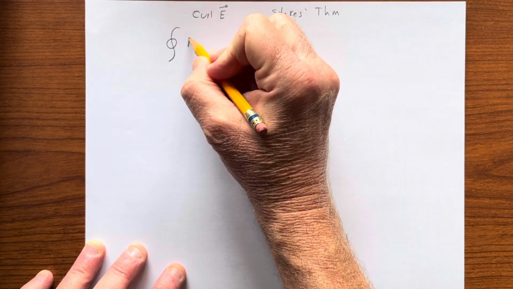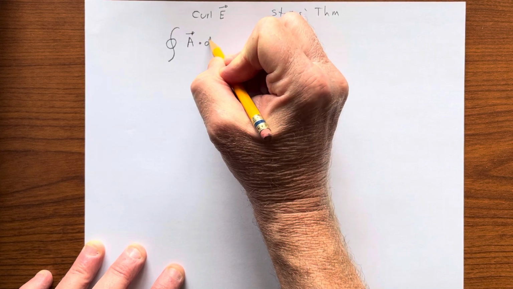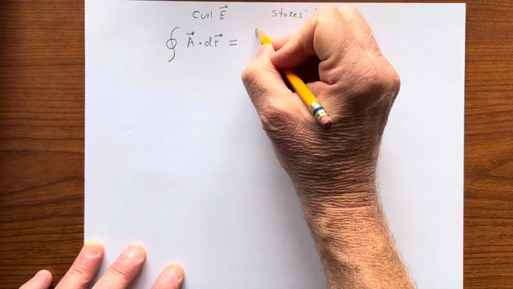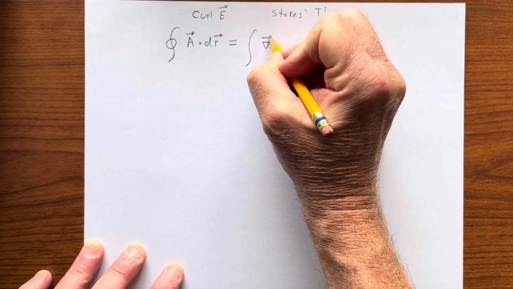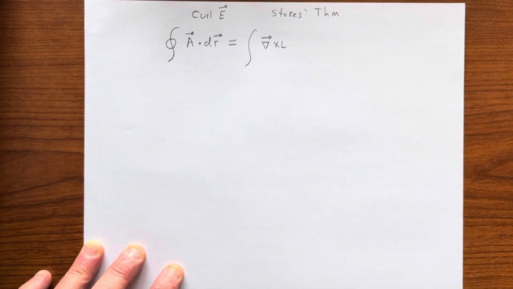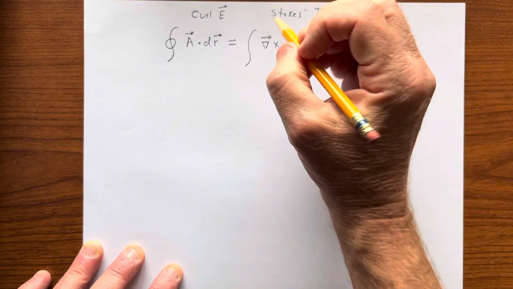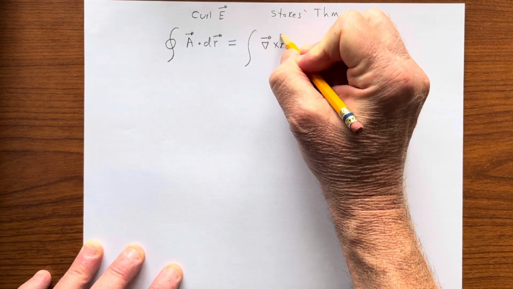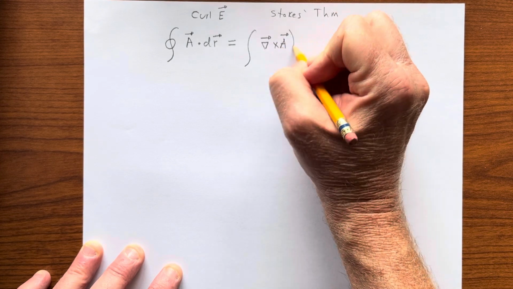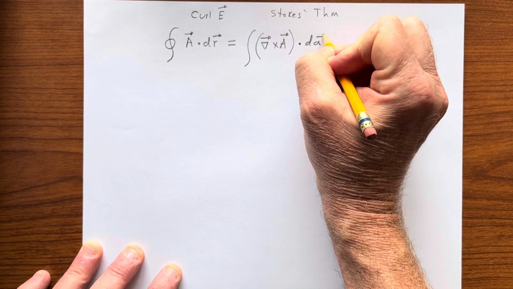Okay, so Stokes's theorem says that if we integrate a field, let's make it more general, a vector field A around a closed loop, that is the same thing as the integral of this curl function. Sorry, I'm starting to write E for electric field. I want to be more general, so leave it as A. That's the same thing as the curl of this vector field dotted into a surface area element.